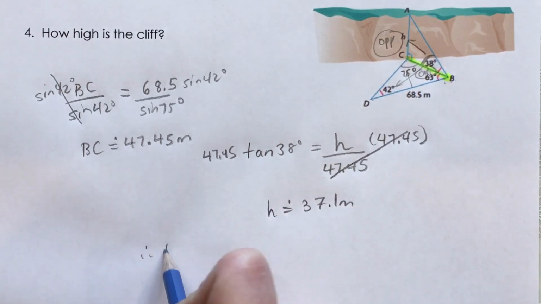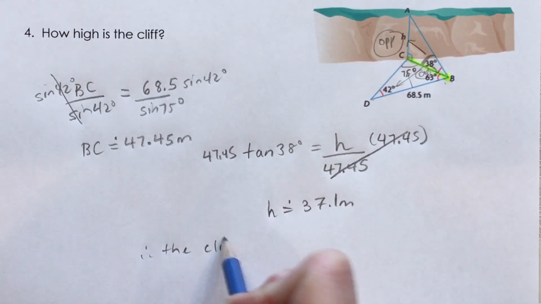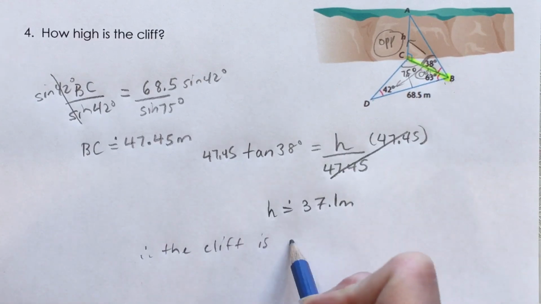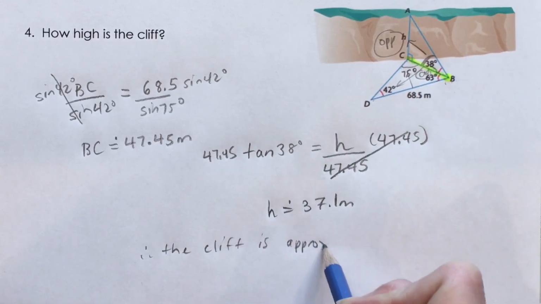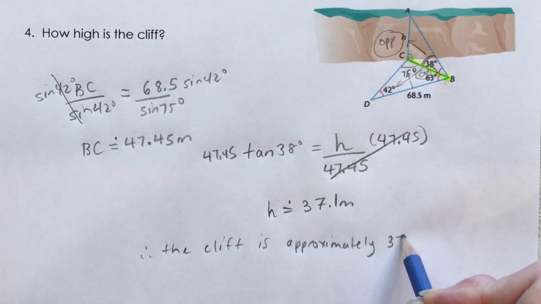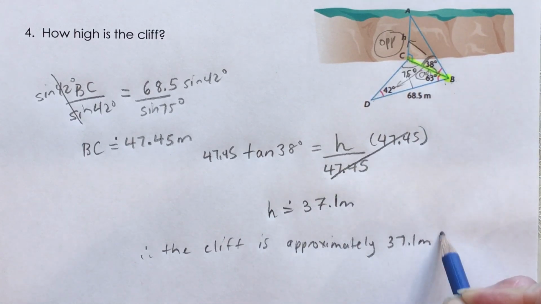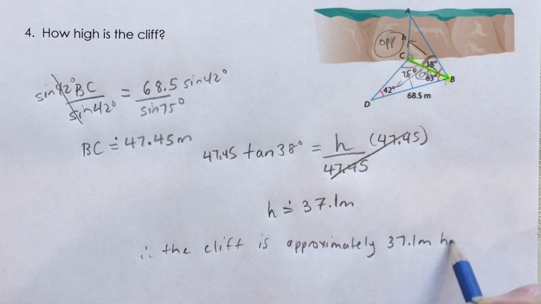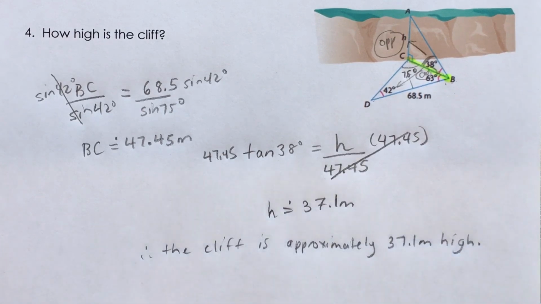So therefore, the cliff is approximately 37.1 meters high. Okay, so again, shared side, very similar strategy for all of these questions that we've completed.